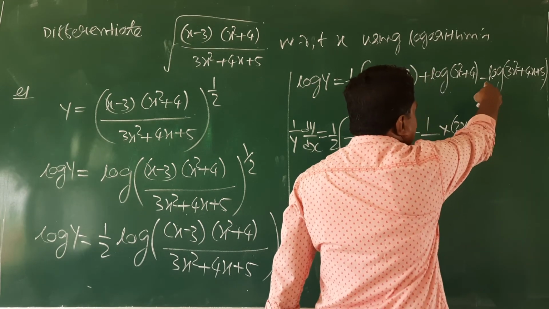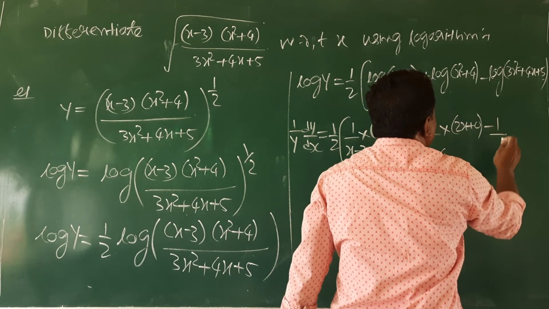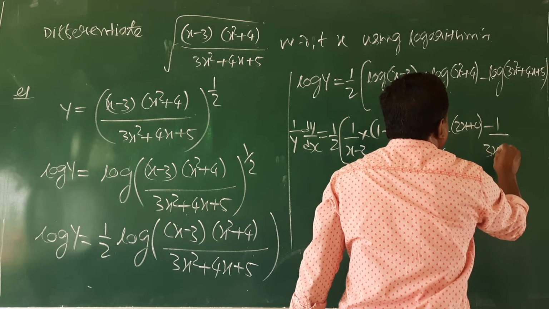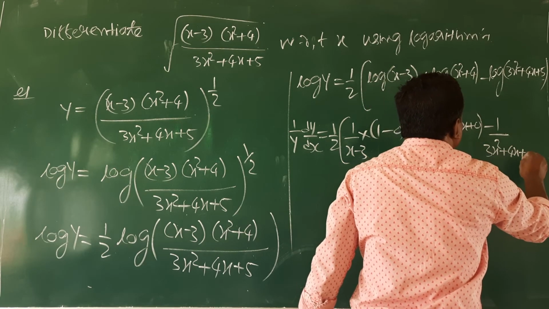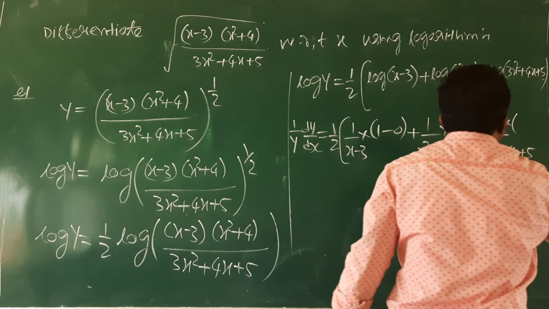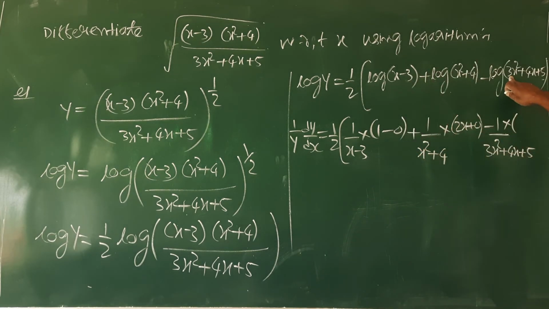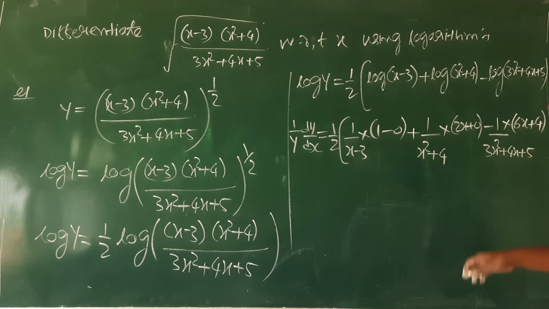Minus, come to this log: differentiation of log is 1 by 3x square plus 4x plus 5, into, keep that 3 as it is, differentiation of x square is 2x, into 3, 6x, plus 4 as it is, 4 into 1, 4, plus 0. Write the answer neatly once.